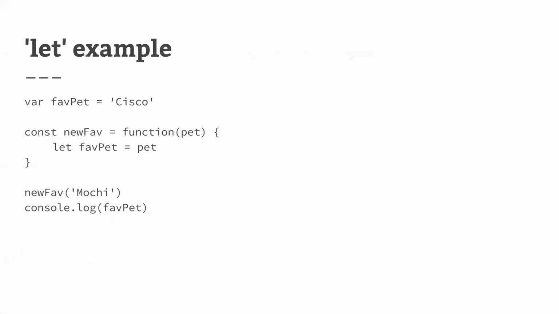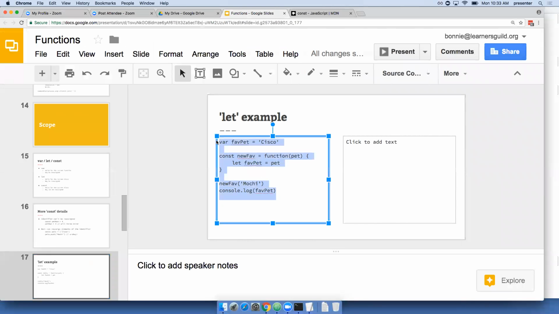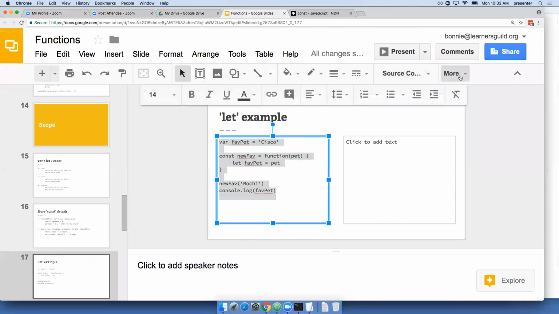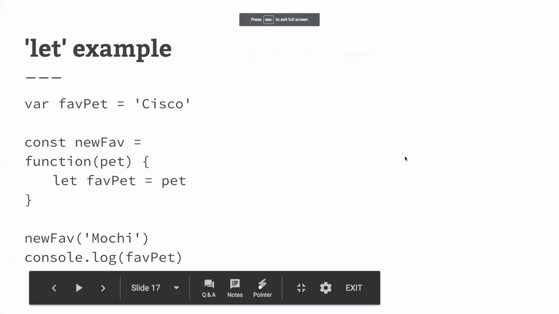Here's a let example that I want to dig into a little bit. I want to make this larger because we can. Okay, so var favorite pet equals Cisco.